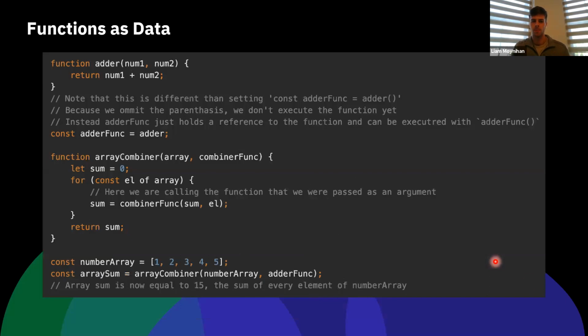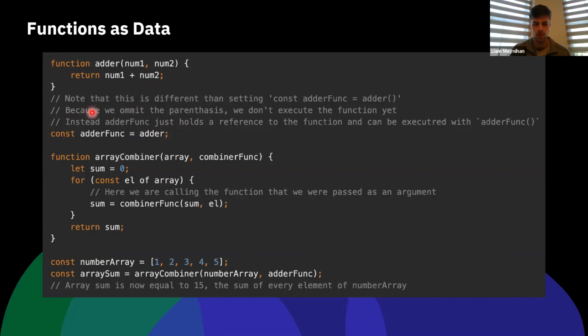So we're going to look at some examples just to hopefully make things a little bit more clear. Right here, again, we have a function just called adder, just adding our two numbers together. Once again, we are setting a variable adderfunc, which is equal to adder.